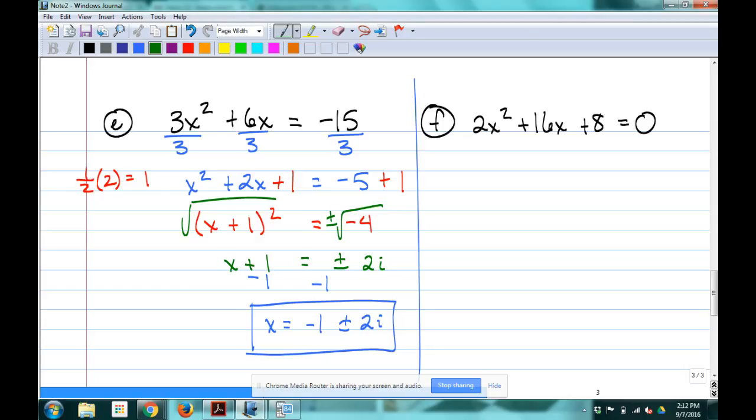You could divide by 2 at this step, or you could move the 8. It doesn't matter which order you do that in, okay? When I look at that, I see everything's divisible by 2. That's what I see first. So divide everybody by 2. I like doing that first.